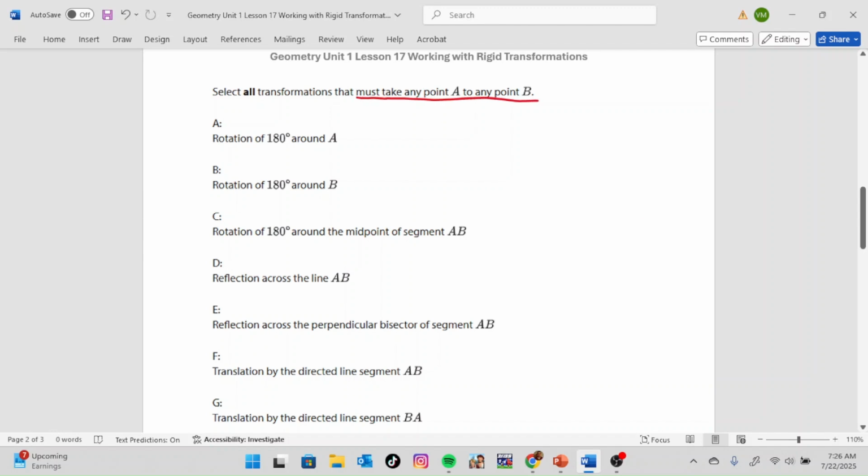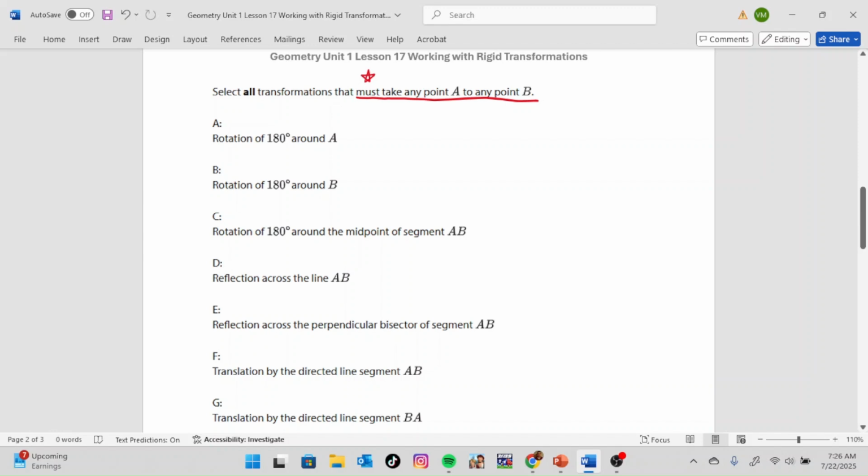Notice the word must. Those are always key words to look for. Things like must or always or never. These are hard defining words where they're saying every single time this must happen.